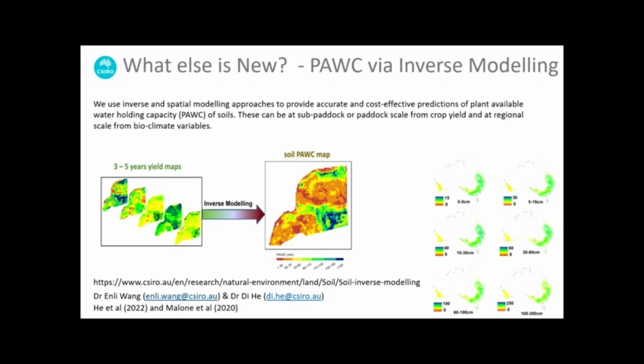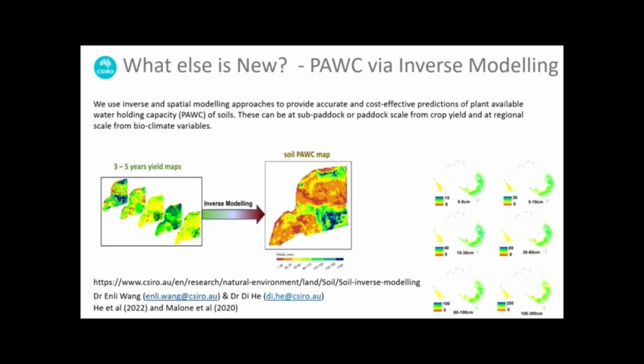What's new under the sun? Now, this is a PAWC inverse modelling done by some colleagues of mine, Dee He and Enli Wang. They've got two scales in which they operate. They can use cropping yield results, time series, and then use this inverse modelling approach to predict plant available water capacity spatially. And that's worked out very well.